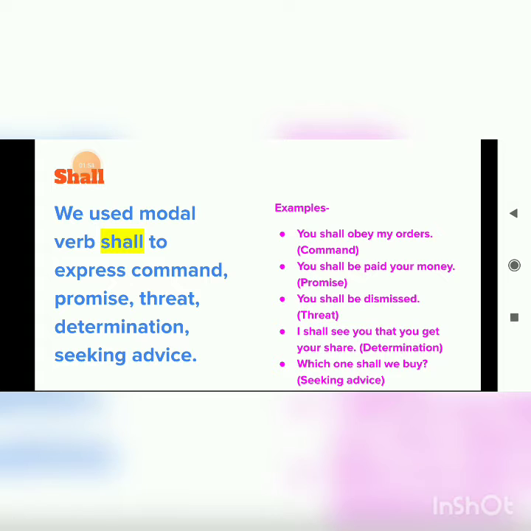It is a promise. You shall be dismissed. It is a threat. Fourth is, I shall see to it that you get your share. It is a determination. And last, which one shall we buy? It is seeking advice.